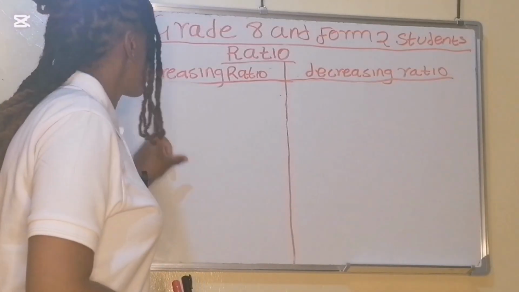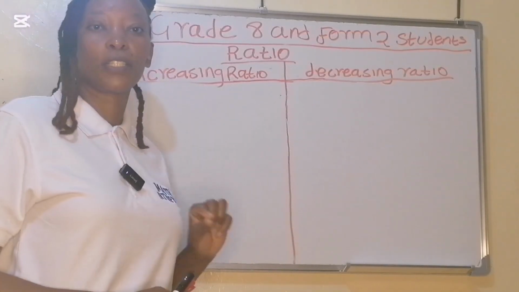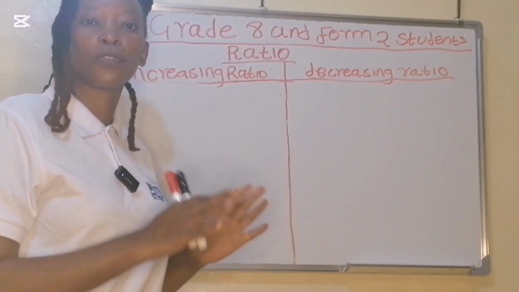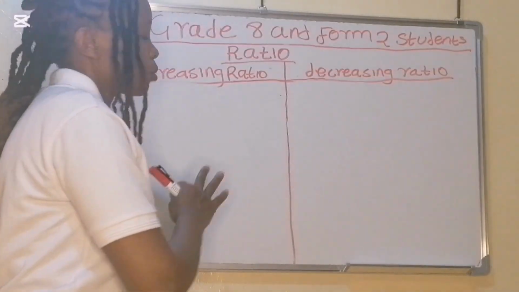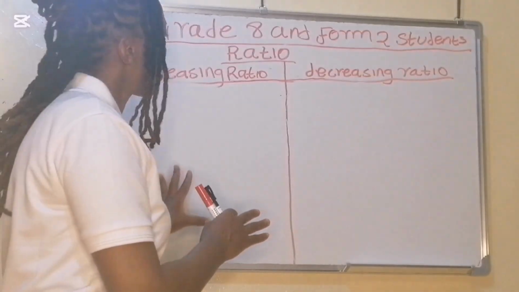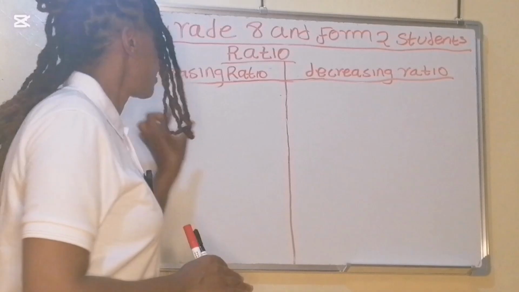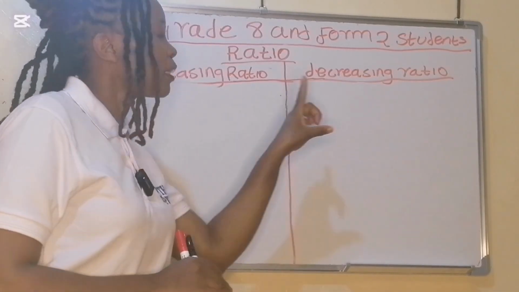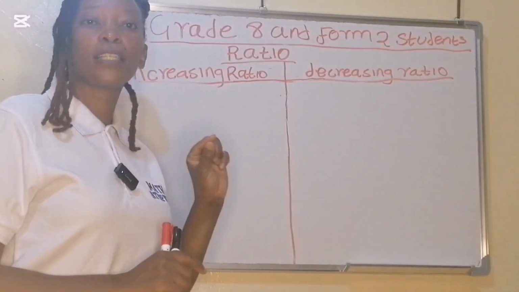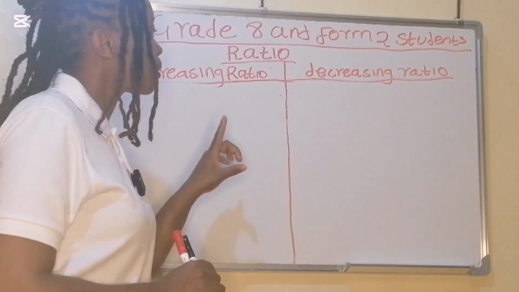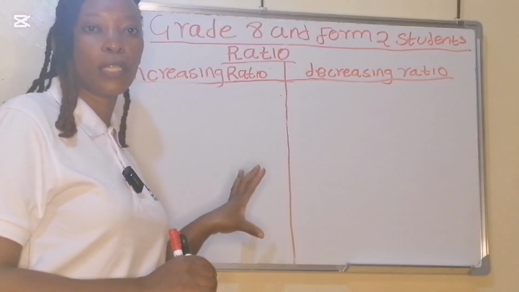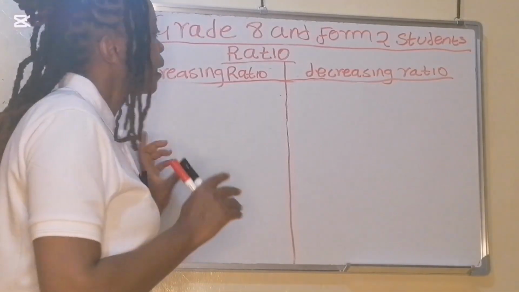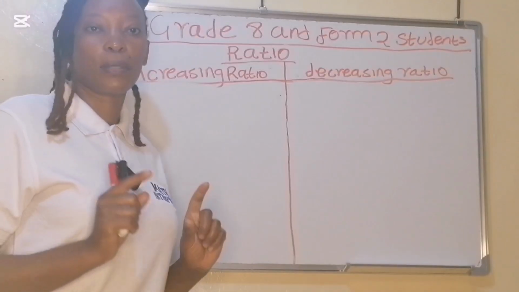I'm going to compare increasing ratio with decreasing ratio, so that you don't get confused. You will never confuse these two. Okay? That's why I've drawn a table, so that I can compare increasing ratio and decreasing ratio. You are able to compare if you understand the concept.